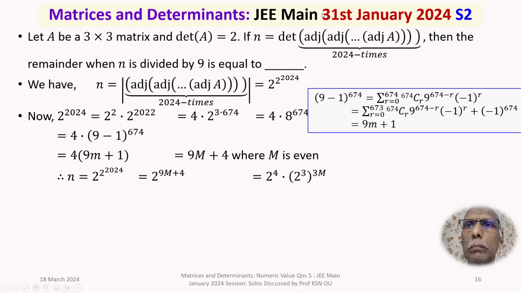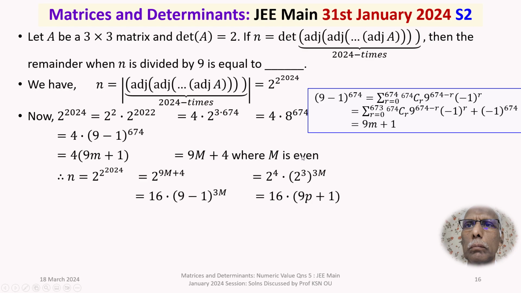So again for 2 cube we will write 8 and that 8 is written as 9 minus 1. So 2 power 4 is 16 into 9 minus 1 to the power of 3m. We have already seen this. And when you expand by means of binomial, you will get 9 times a multiple of 9 plus or minus 1. It all depends upon what the 3m is.